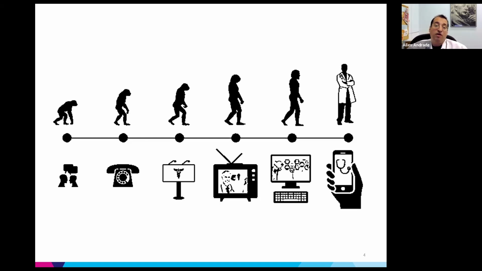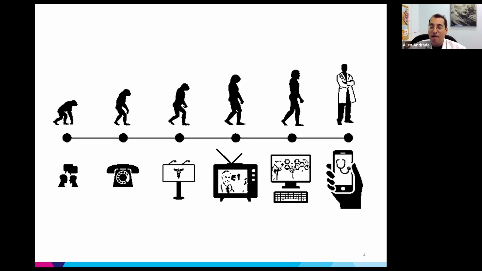That has evolved even further into digital media, billboards, television, and now personal computers and handheld computers, which are essentially computers that we can put in our pockets.